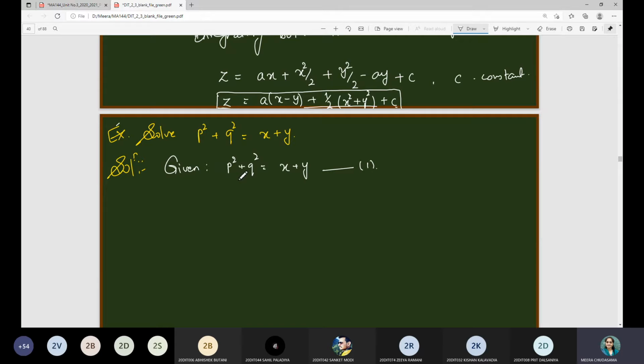So first thing we have to separate it. So p square minus x is equal to y minus q square, right? And now again applying the same argument that both are independent variables and they will be equal only when we are given this as a constant quantity, right? So we will denote that constant quantity with a.